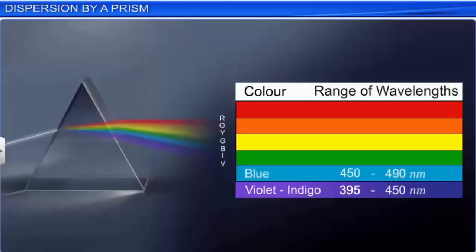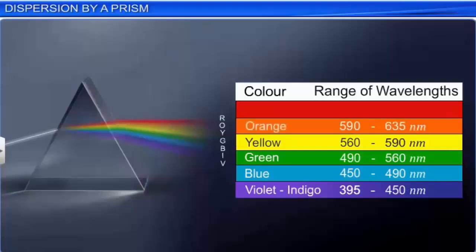If the range is between 490 to 560 nanometer, the color is green. If the range is between 560 to 590 nanometer, the color is yellow. If the range is between 590 to 635 nanometer, the color is orange. If the range is between 635 to 700 nanometer, the color is red.